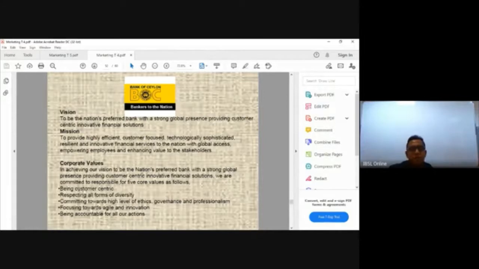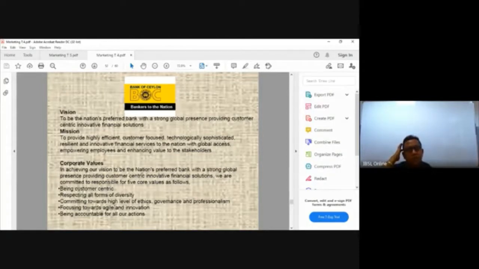So BOC has given 5 core values: being customer-centric, respecting all forms of diversity, meaning different races and religions, but you treat them and respect them alike; committing towards a high level of ethics, governance, and professionalism; focusing towards agility and innovation; and being accountable for all our actions.